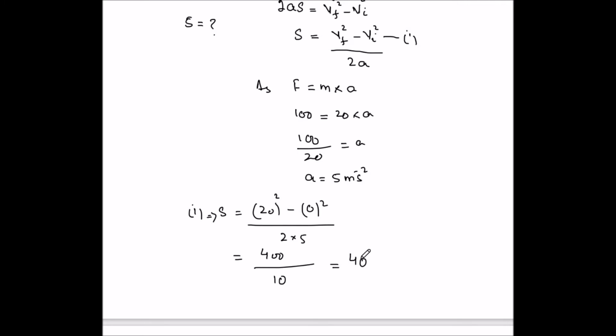And your answer with the proper unit: because you calculated distance, which is measured in meters in SI unit, you write 40 meters here. So that is the final answer, the distance traveled by the box.